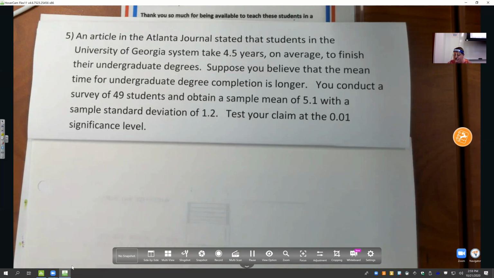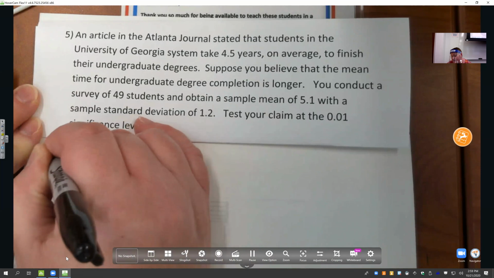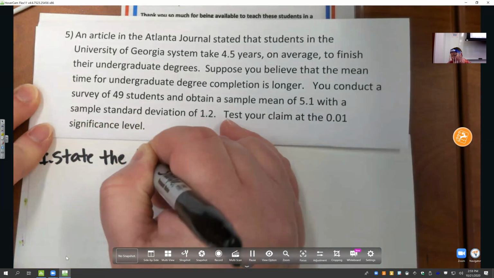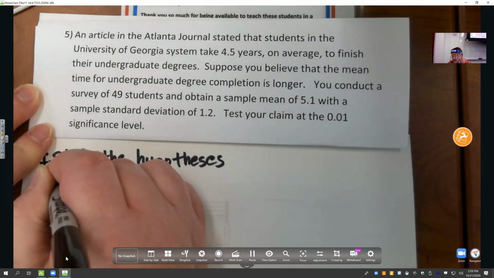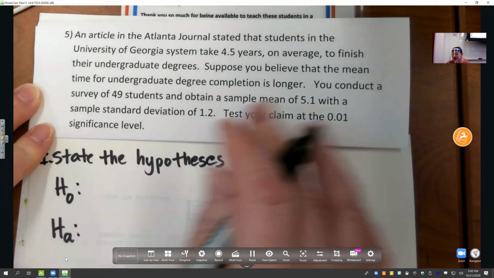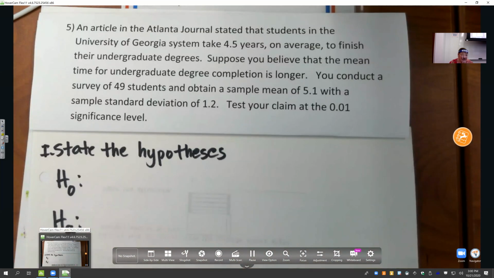Okay, so first step is to state the hypotheses. Again, you'll usually see it written with the null hypothesis on the top and the alternative on the bottom when they're stacked.